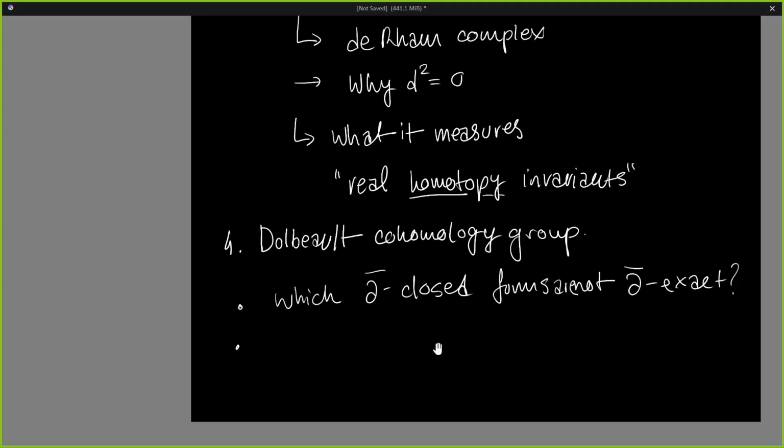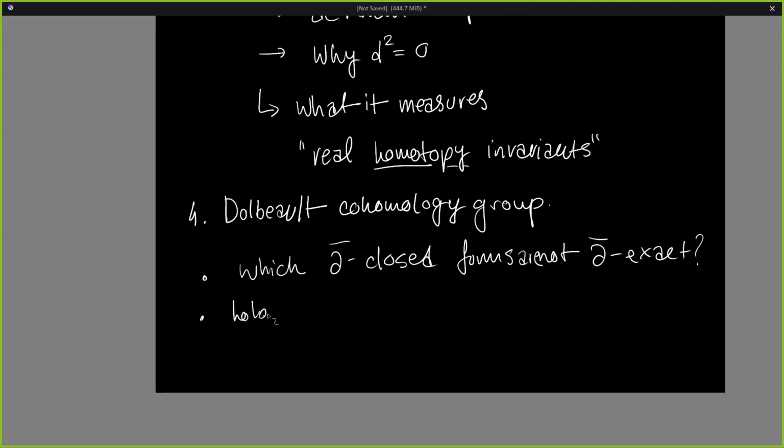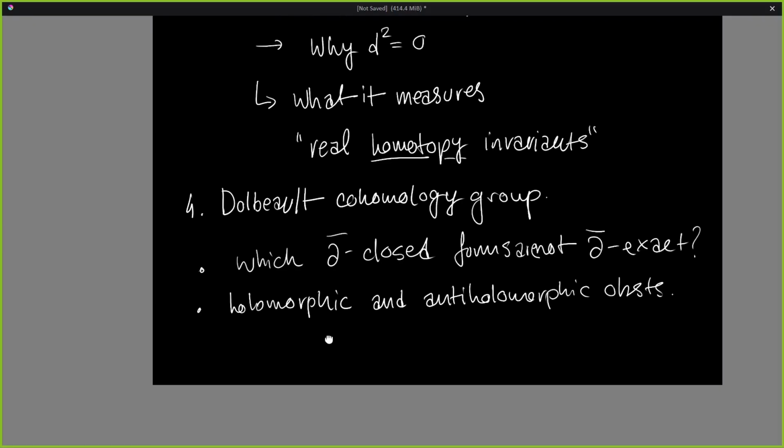And then we talked about holomorphic and anti-holomorphic obstructions. What does this mean? Well, it's an obstruction in the sense that we can't find global holomorphic functions, or anti-holomorphic functions for anti-holomorphic obstructions.